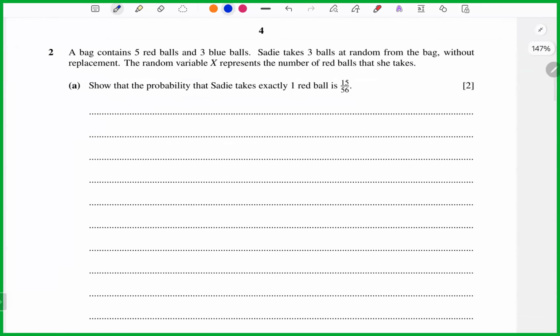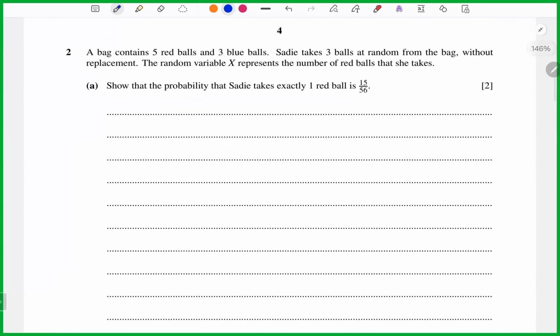Question 2. A bag contains 5 red balls and 3 blue balls. Sellers takes 3 balls at random from the bag without replacement. It means when she takes out the balls, she doesn't replace them, so this is a dependent event.